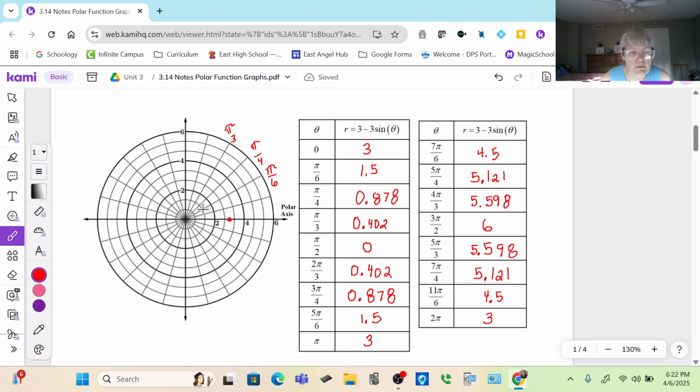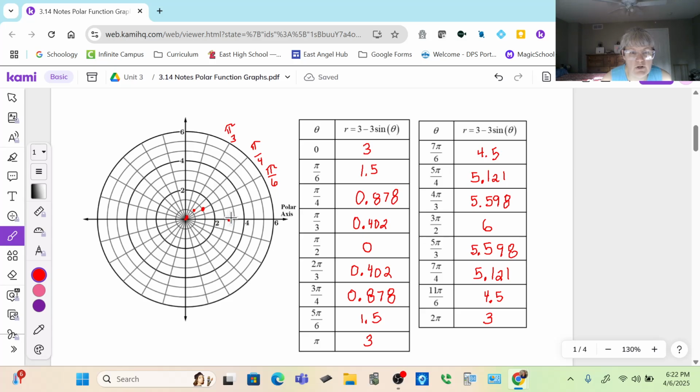So that's probably going to be about right here. Pi over 4 is almost 1, so probably down here somewhere. And then at pi over 2, we're at 0.